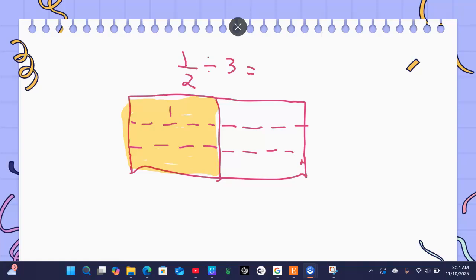If I'm that one person, I'm not going to get a half of a half, right? So what I will have to do is count all of these sections. That's 1, 2, 3, 4, 5, and 6. So it's not 1/2, but I would actually get 1/6 of the pan.